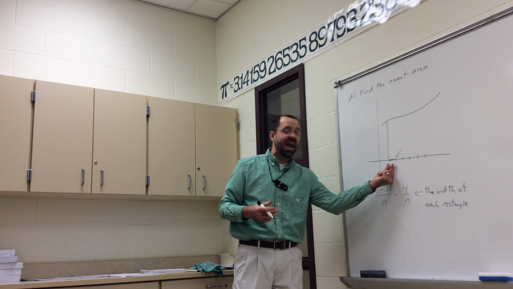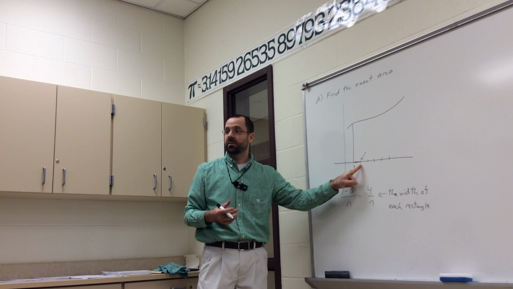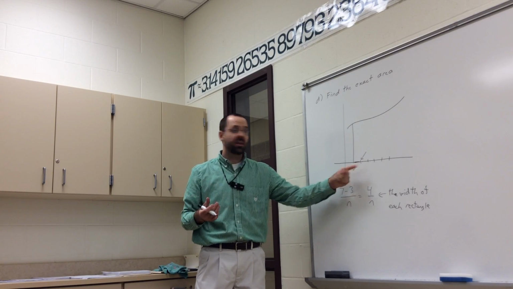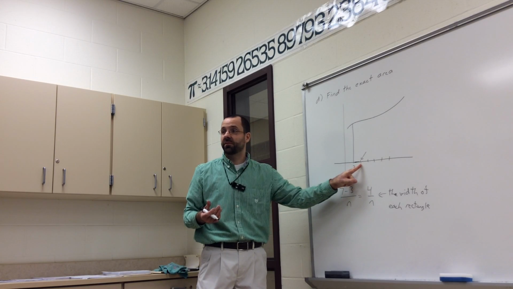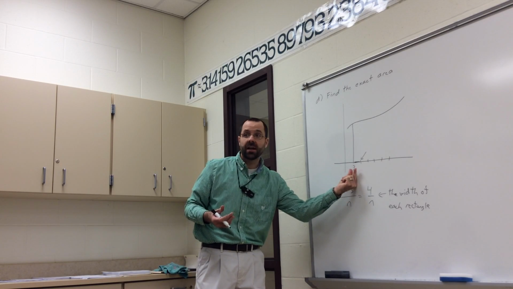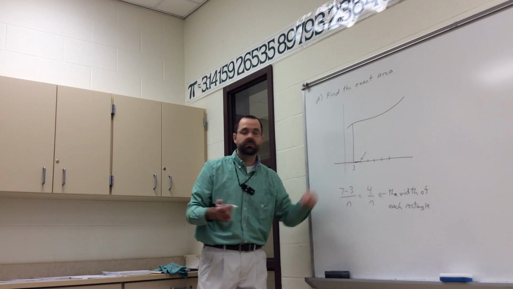Let's say the width was a half. What would that x location be? 3 plus a half, AKA 3 and a half. If the width was a fourth, then this x location would be 3 and a fourth. So if the width is 4 over n, then this x location is 3 plus 4 over n.